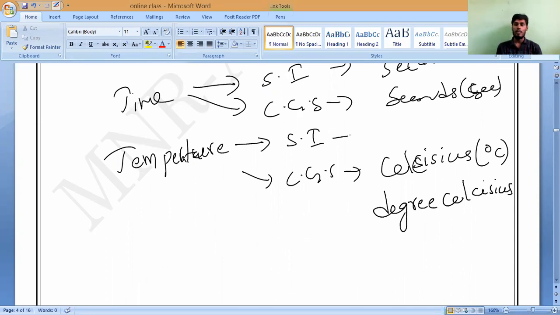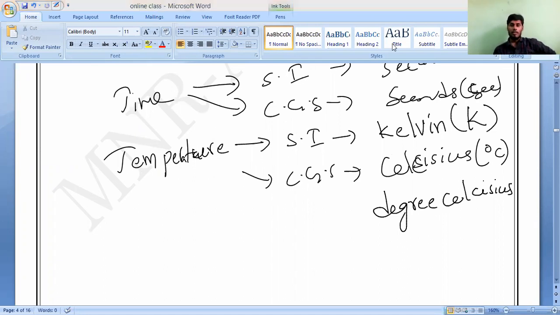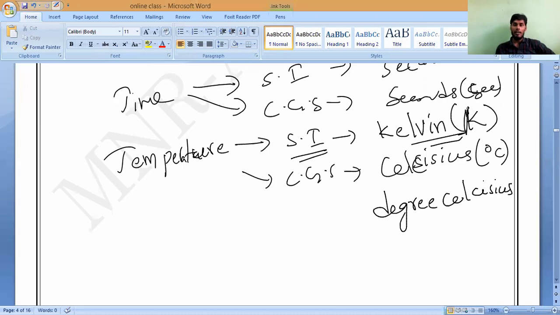And the SI unit is called Kelvin, which we represent with a capital K. Temperature we measure in the Kelvin scale. Capital K is the Kelvin scale, and degree Celsius is the CGS unit.